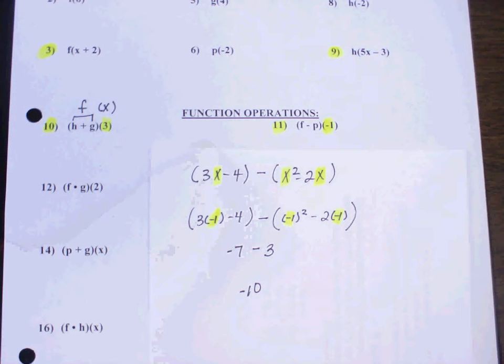That'll be 1 and 2. That'll be 3. I think I did it right. Negative what? I couldn't hear. Somebody said the answer. Negative 8?